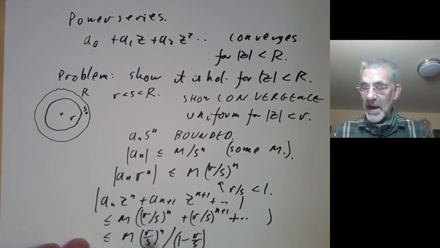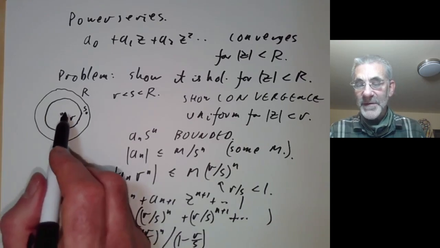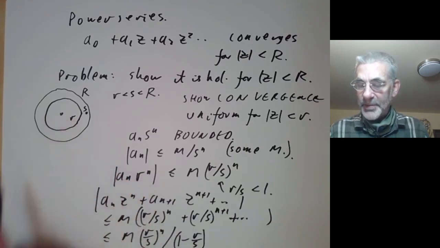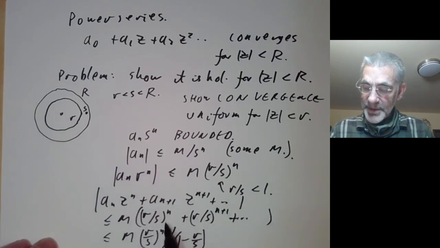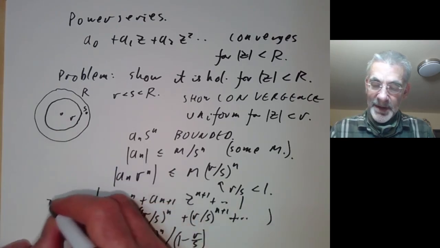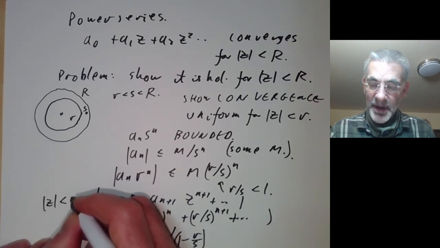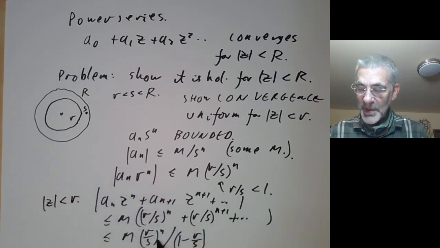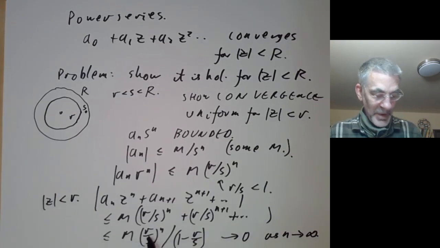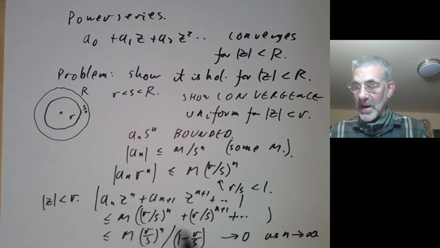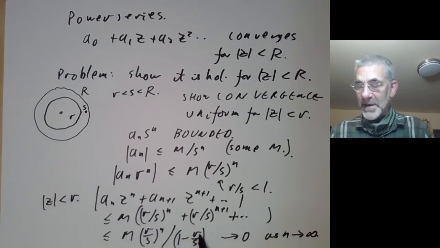And you notice this does not depend on which value of z we choose, provided, I guess I should have said, |z| is less than r. So this does not depend on which value of z we choose, and this tends to 0 as n tends to infinity. So this is enough to give uniform convergence because we've found a bound tending to 0 that doesn't depend on z.